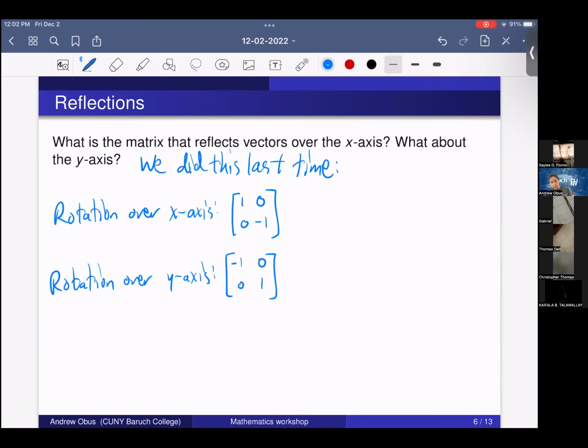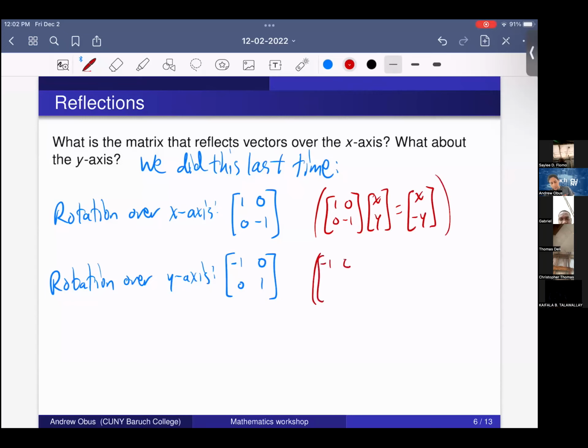The point was, we saw that 1, 0, 0, minus 1 times the vector xy gave us exactly the vector x, minus y, whereas minus 1, 0, 0, 1 times the vector xy gave us minus x, y.